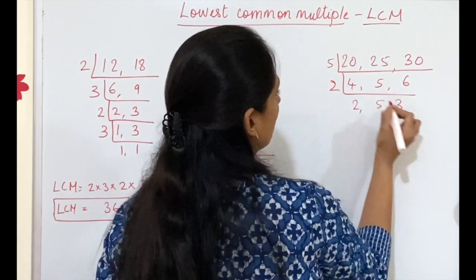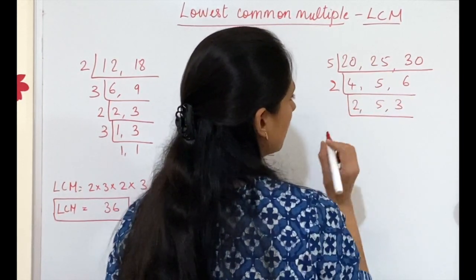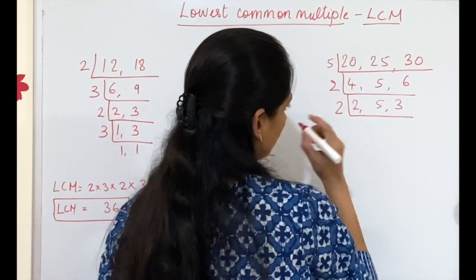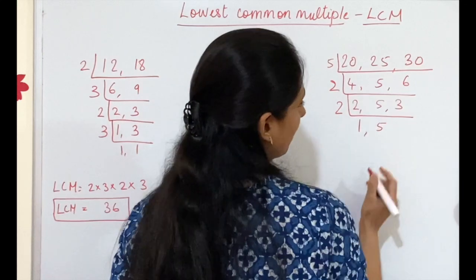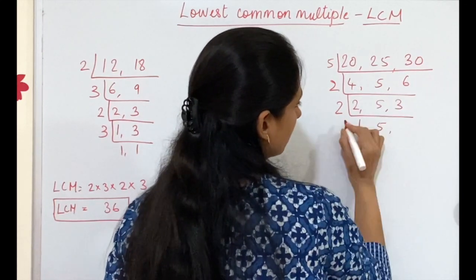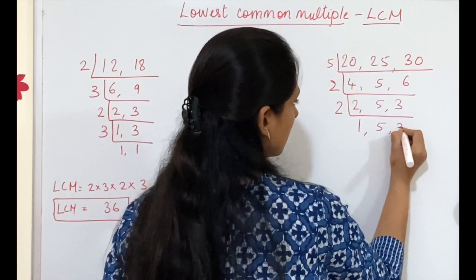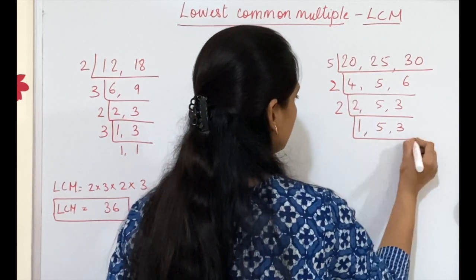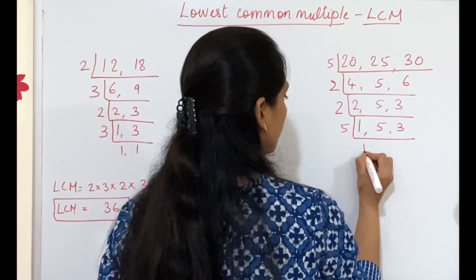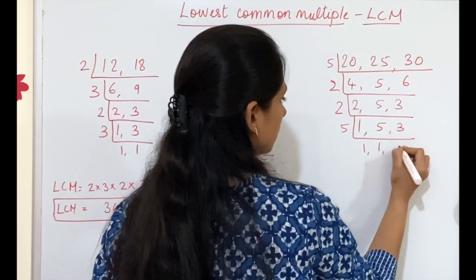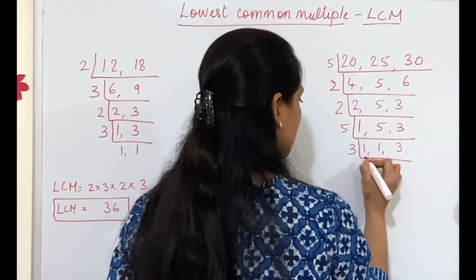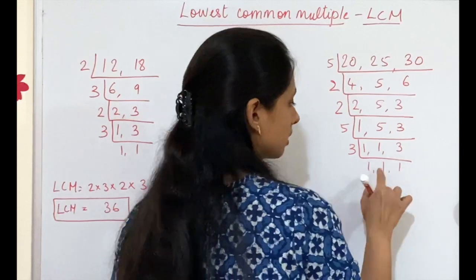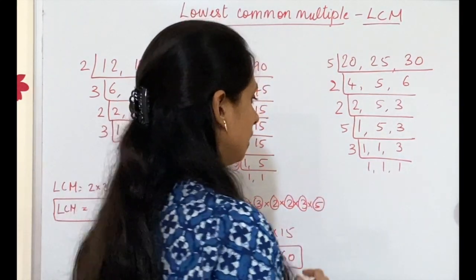Then 6 divided by 2, 3. Again I am going to write 2, 1. 5 is not divisible by 2, 5 I will write as it is. 3 is not divisible by 2, so 3 I will write as it is. 5, 1, 1, 3. So I will write 3 as it is. 3 again, 1, 1 and 1.